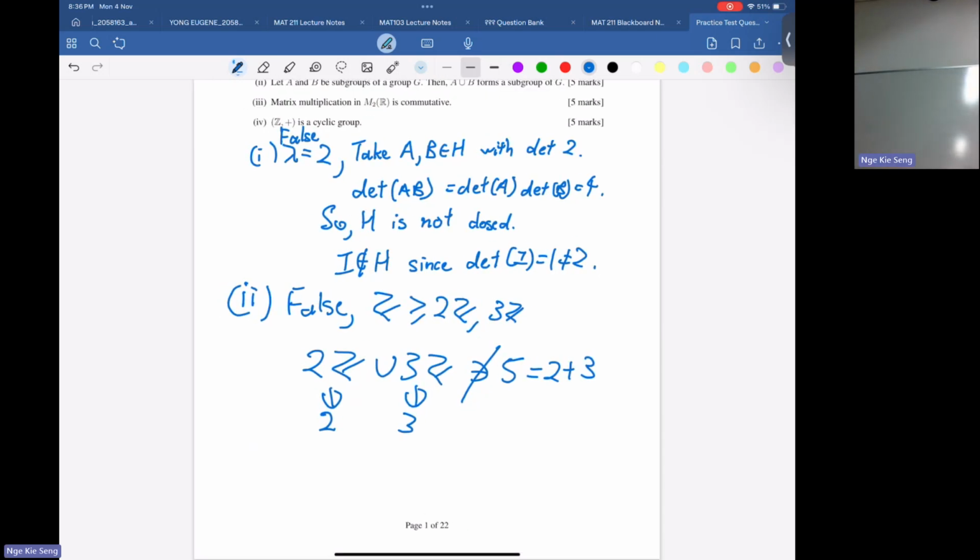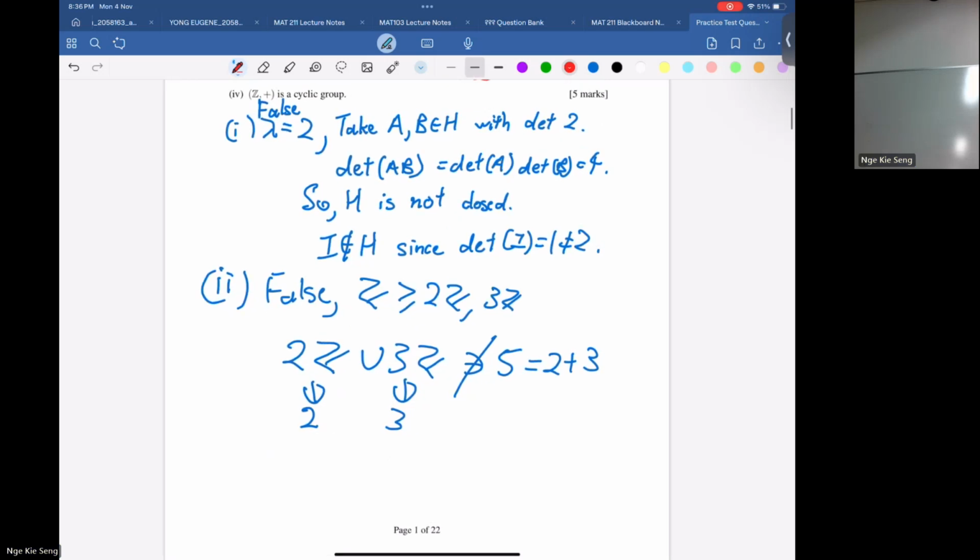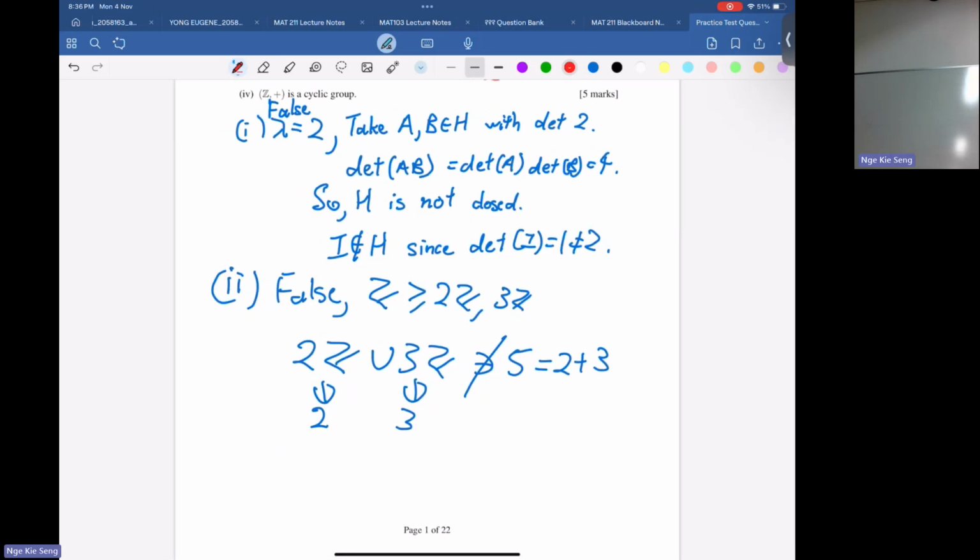Question 3 is true. You need to show it, like how we did associativity in class. Question 4 is kind of hard when I gave it last time. True or false? True. Why is it cyclic? What's the generator? How do you prove this?